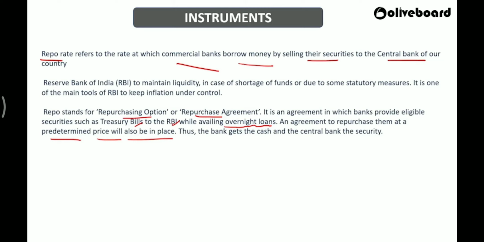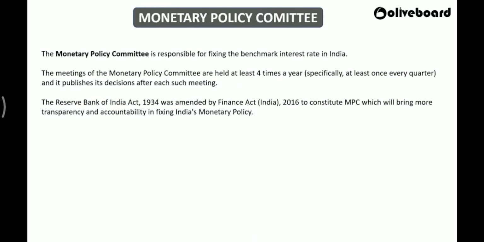In this case, banks get cash and the central bank gets the security. So that's what repo rate means: giving loans by taking security under an agreement that it will be repurchased by the commercial banks later. If RBI charges any rate for that, that rate is called the repo rate.